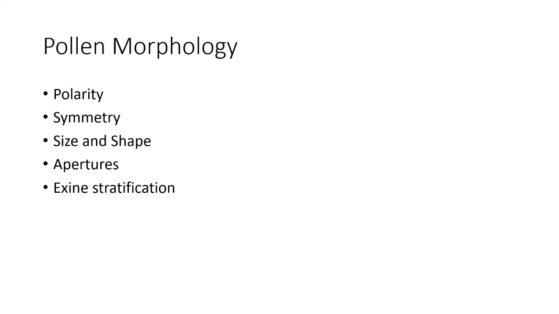I'll just write it down here. The pollen grains can be divided into two categories on the basis of whether apertures are present or absent. Aperturate, if present.